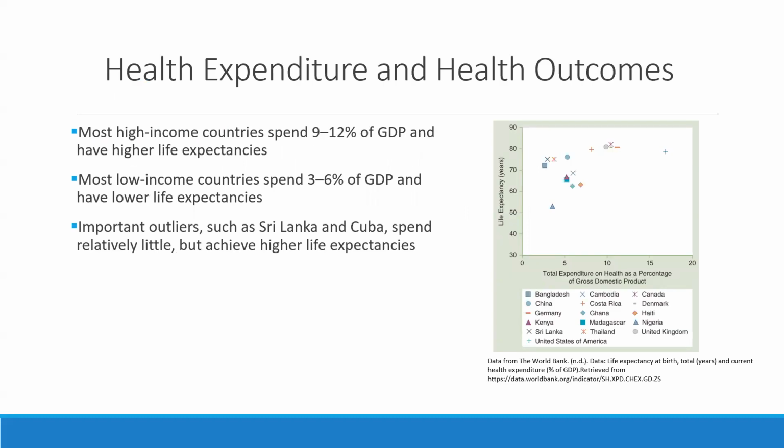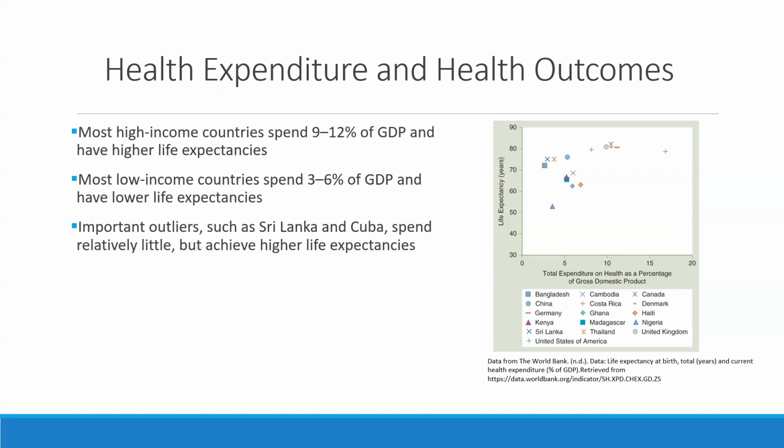When it comes to how much money countries spend on healthcare, and the benefits they get from that in terms of life expectancy or health outcomes, this graph is showing us life expectancy at birth against the total expenditure on health as a percentage of the gross domestic product.